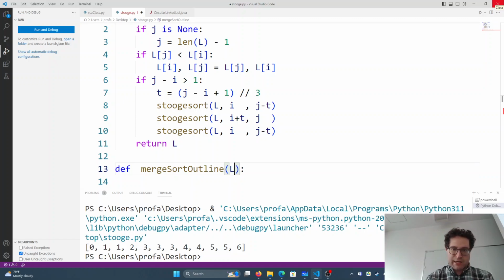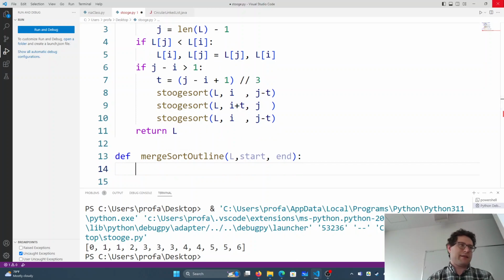It takes in a list, a start point and an end point, where start is on the left and end is on the right, and they're both integers.